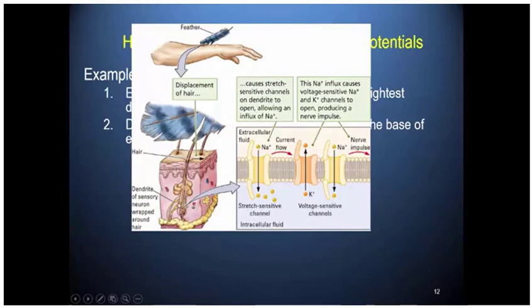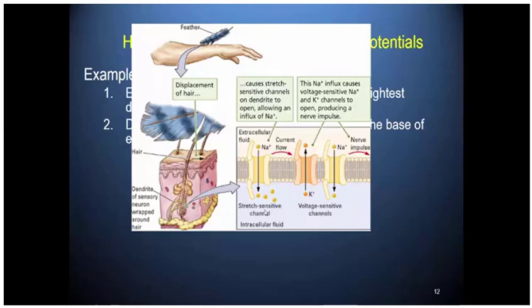This mechanical movement of the hair, by a feather, by your own motor neurons, doesn't matter what, whenever there's a detection of the hair moving, it causes sodium channels to open in this neuron at the dendrite, and that causes an action potential.